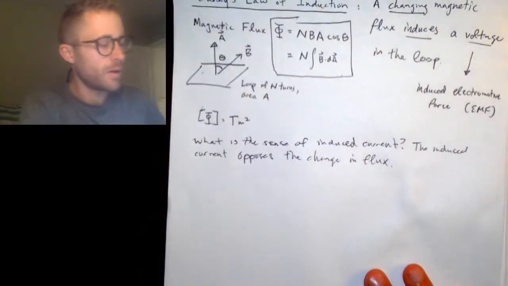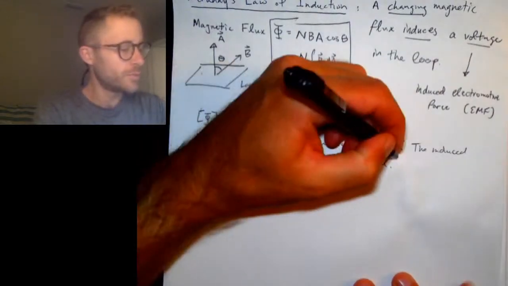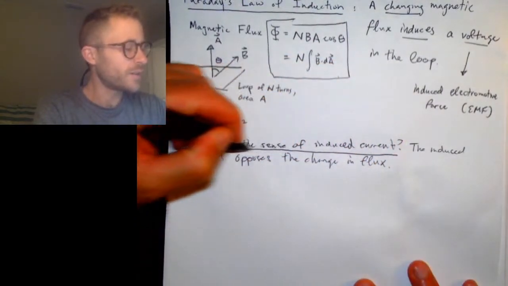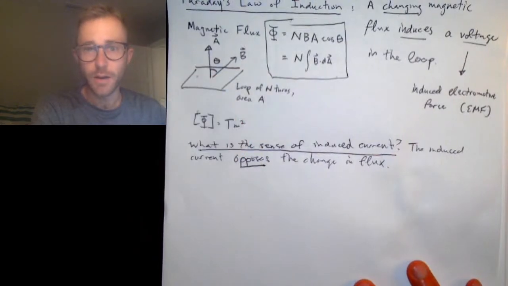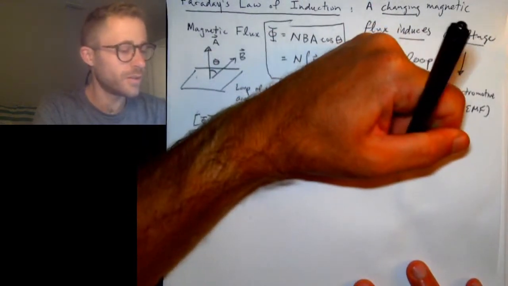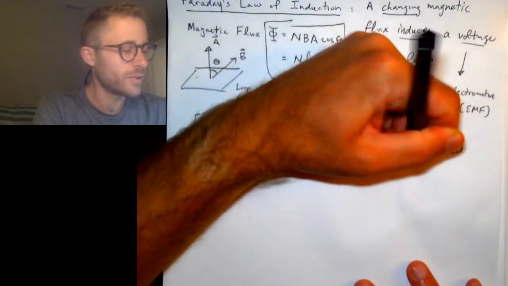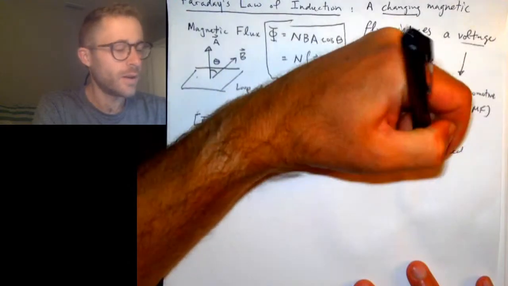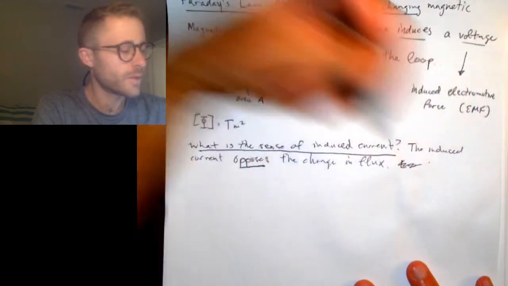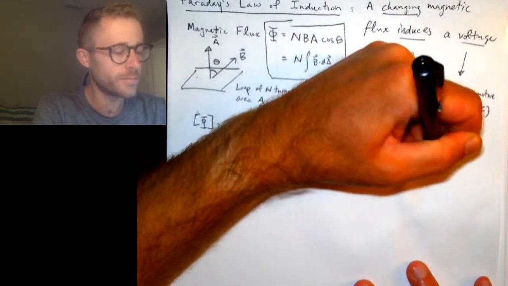What that means is that loops do not like the flux to change.